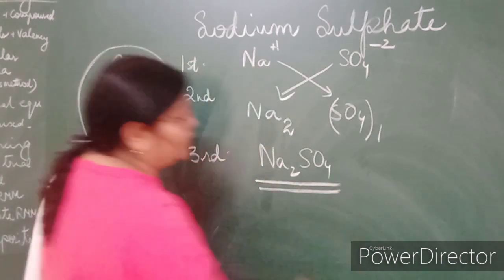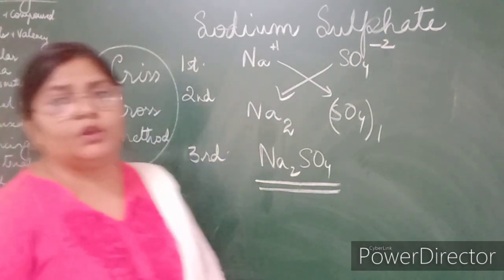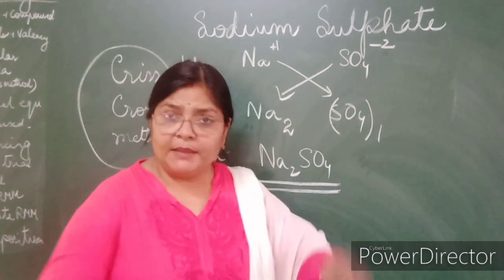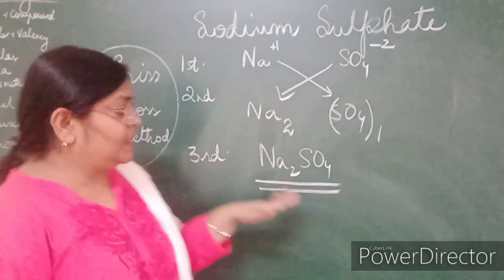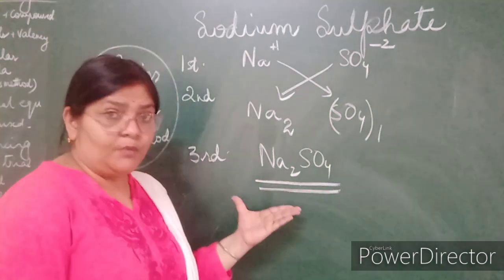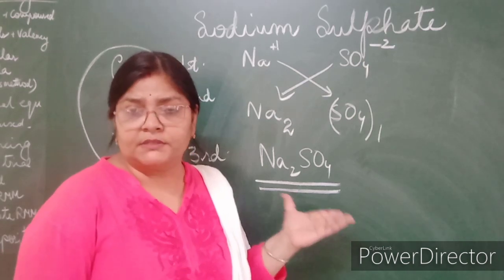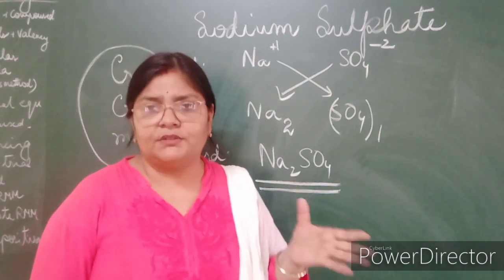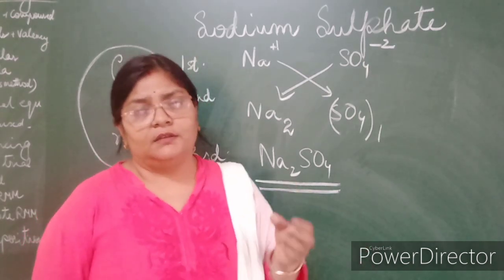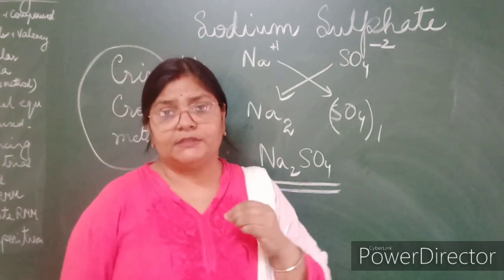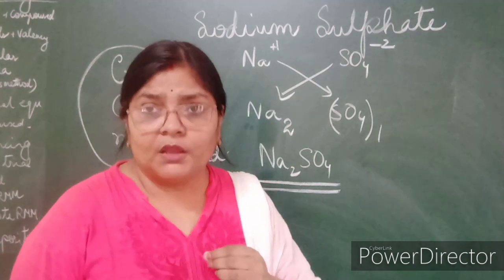Now I will tell you one thing. Suppose you are given this molecular formula, you can also tell the valency by back calculation. So by this formula you can also tell the valency of the component elements. Suppose in your examination you have forgotten a certain element's valency, but that element's salt is used in the question paper.